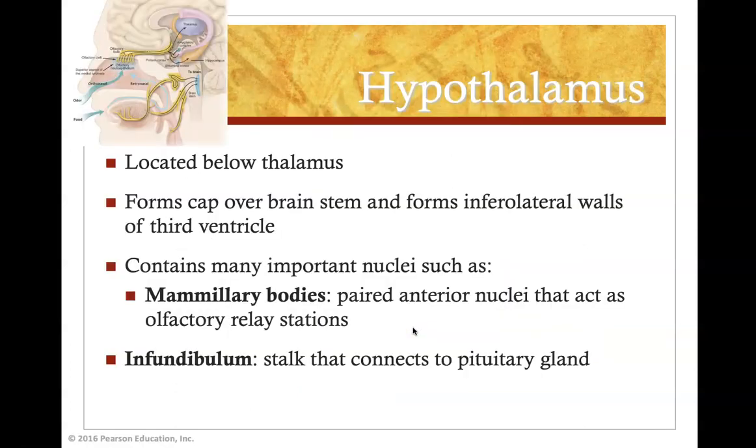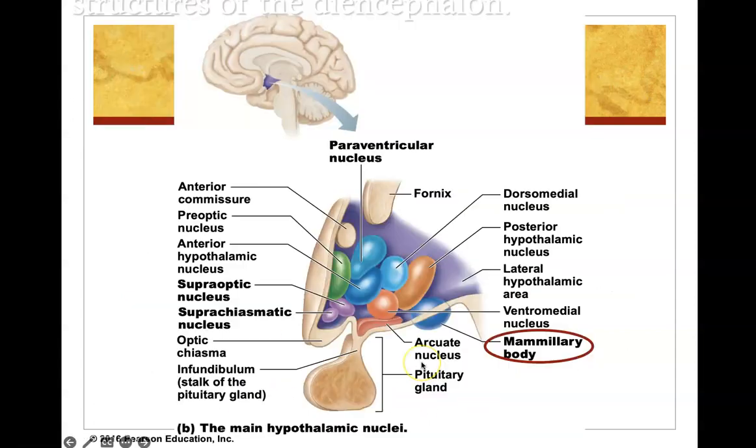Okay. Now, the other structure we talked about here is the infundibulum. And this is going to be the stalk that connects the hypothalamus to the pituitary gland. Now, this pituitary gland, we're not really going to talk about because you're going to talk about it a lot when you do the endocrine system in 202. That pituitary gland is going to be responsible for releasing lots of different hormones.